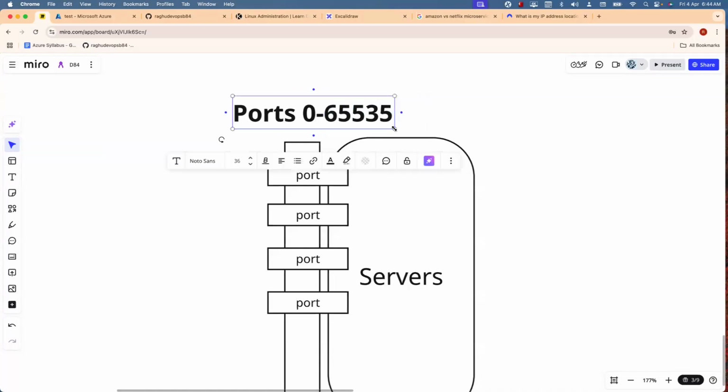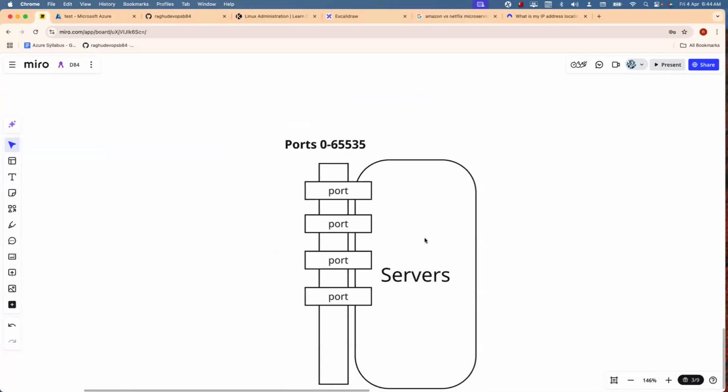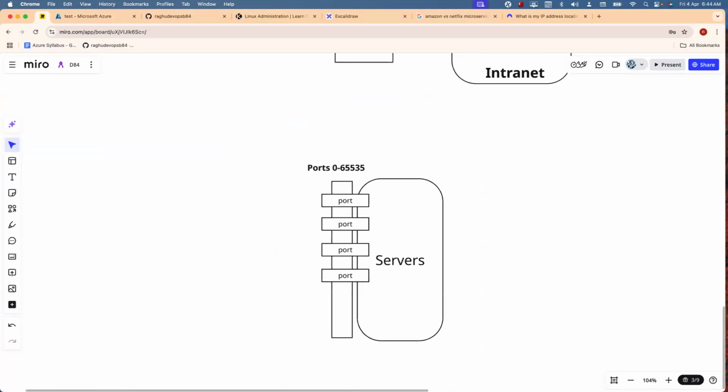These are the port ranges in total. Any service you're running is going to reserve one port number. So you hit an IP address with a particular port number. You have an IP address for the server, and you hit the particular port number.